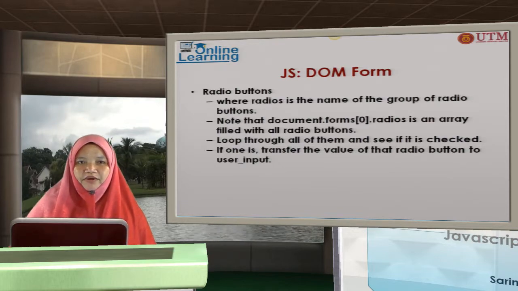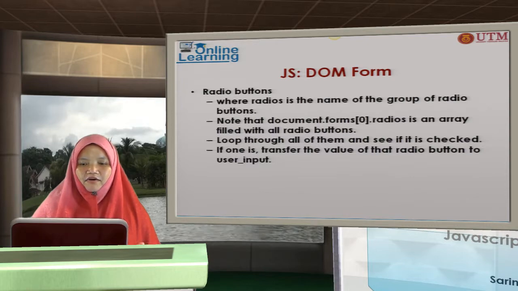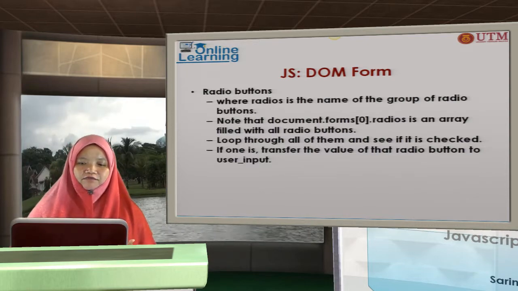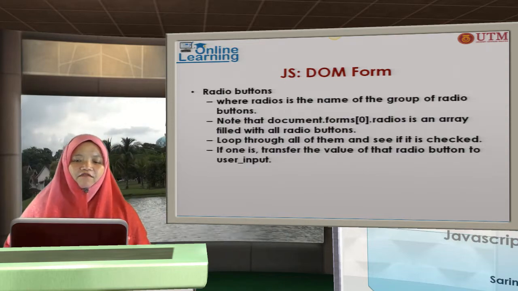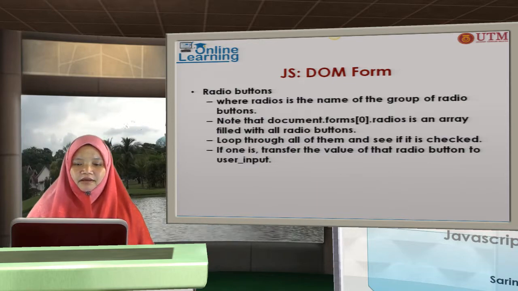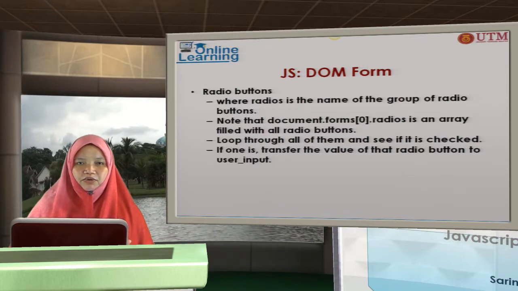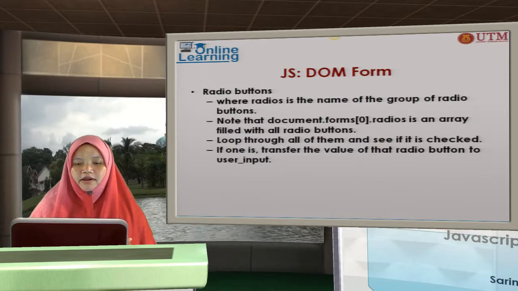Alright, so when we talk about RadioButton, we actually apply it with the name of the group of RadioButtons, right? You have to call the document first, document.form, and then .radios. This is the way you apply it, because these RadioButtons show up as an array field with all the RadioButtons.